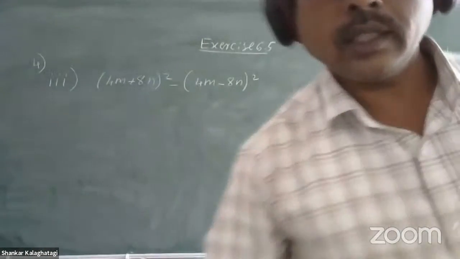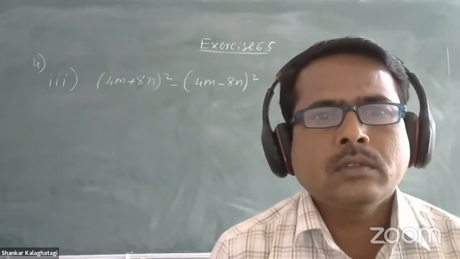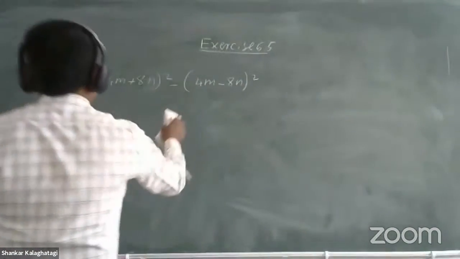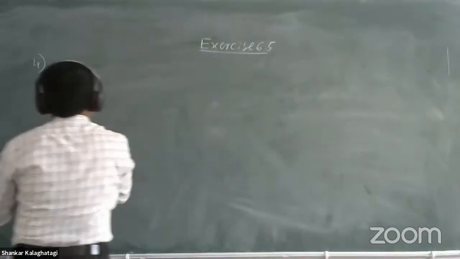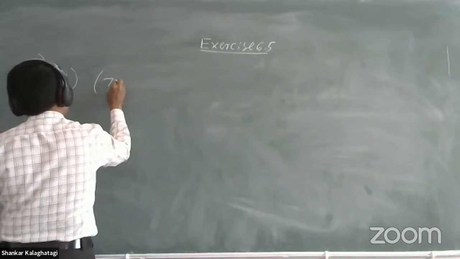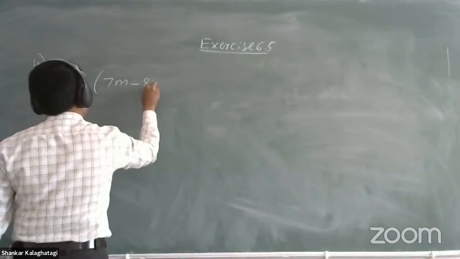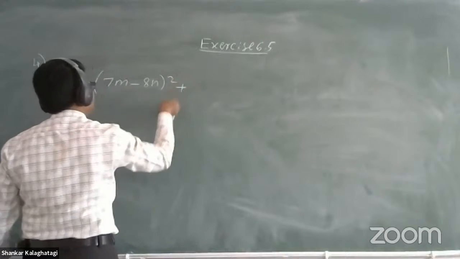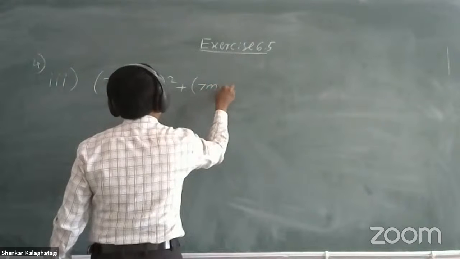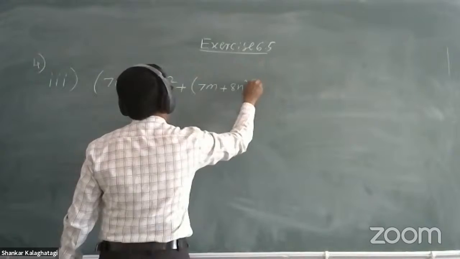The question is (7m - 8n)^2 + (7m + 8n)^2. Okay, has anyone solved this?